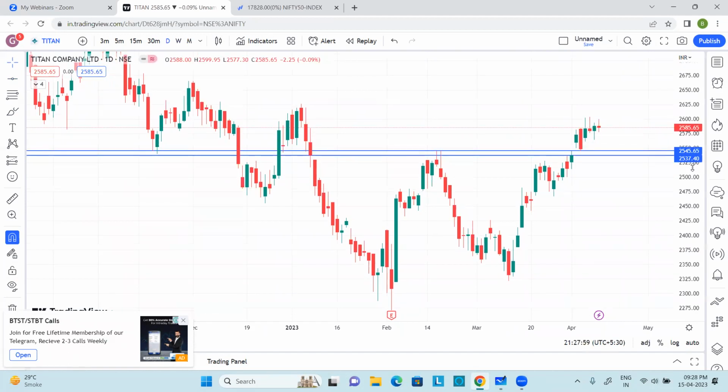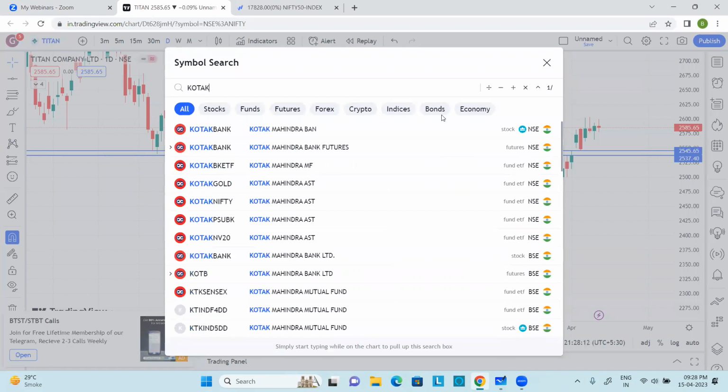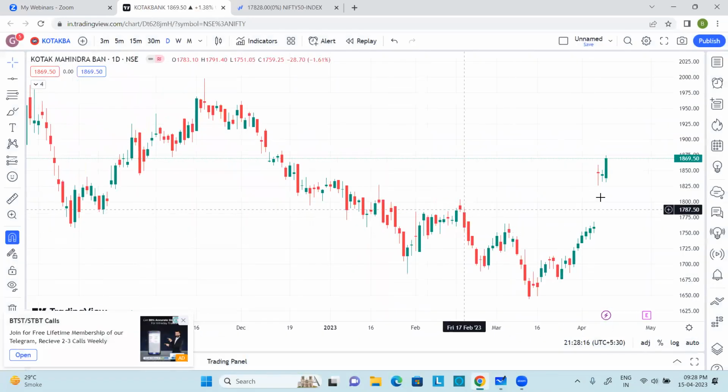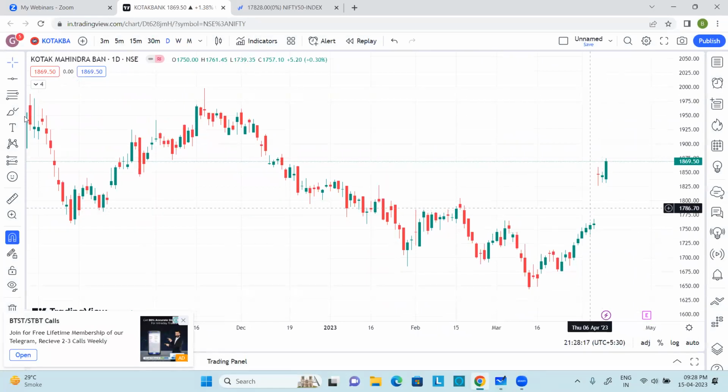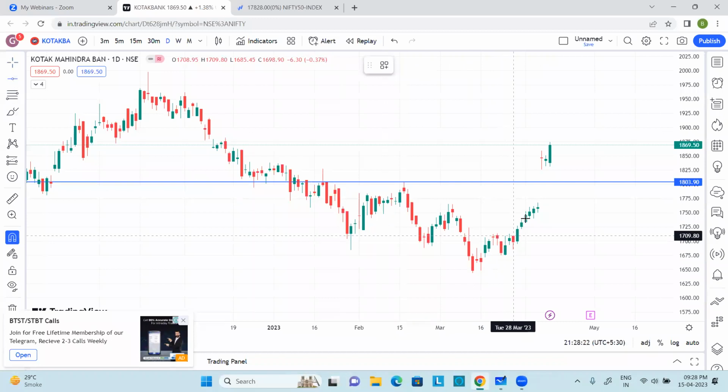You can say this is a breakaway gap. Who told this? Titan. Shankar. Kotak Mahindra. Yes, yes, this is good because there is an immediate resistance here and this is the closing.